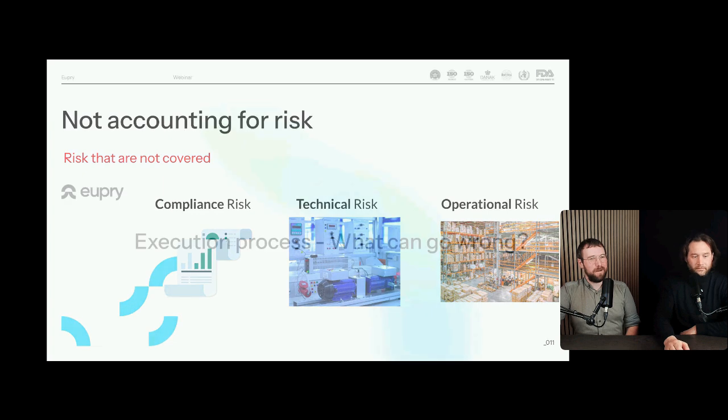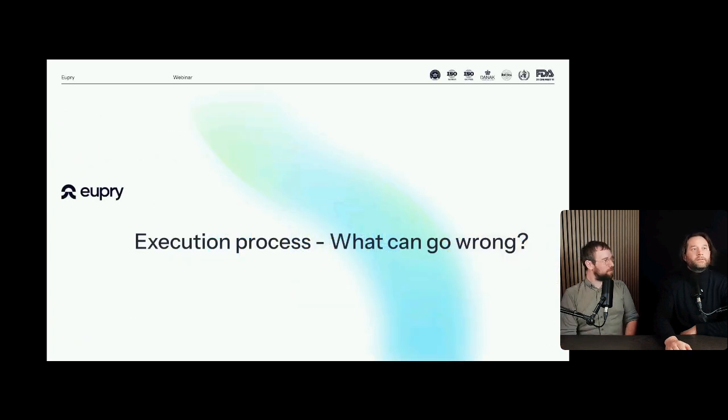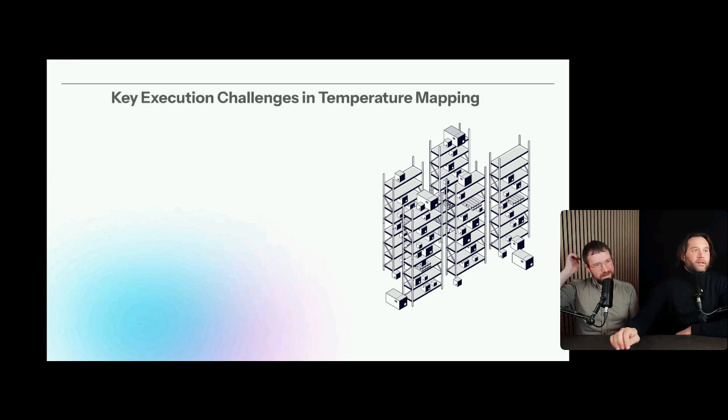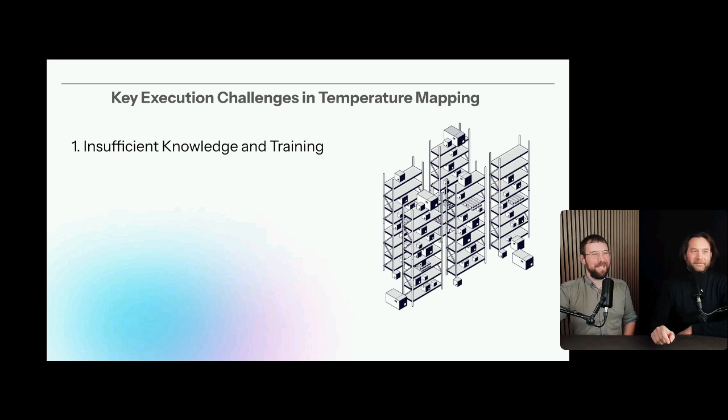Okay, but moving on to the execution process. Yes, and what can go wrong? So let's go here. What are the key execution challenges while we are performing a temperature mapping? I will ask you if you can press the button. Perfect. Yes. So first of all, the biggest risk is the insufficient knowledge and training.